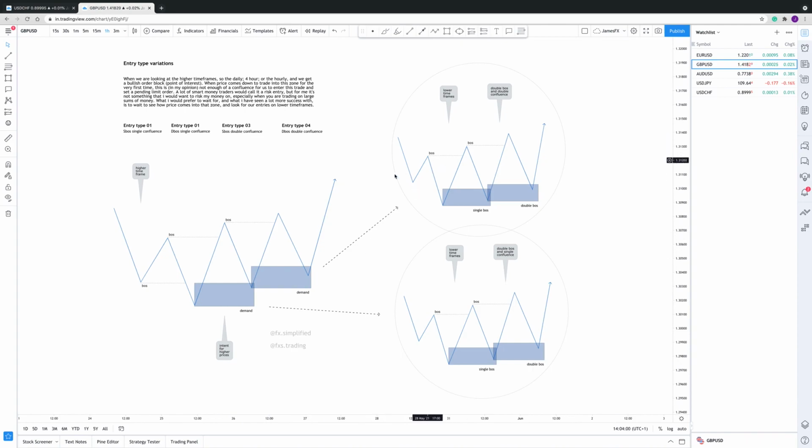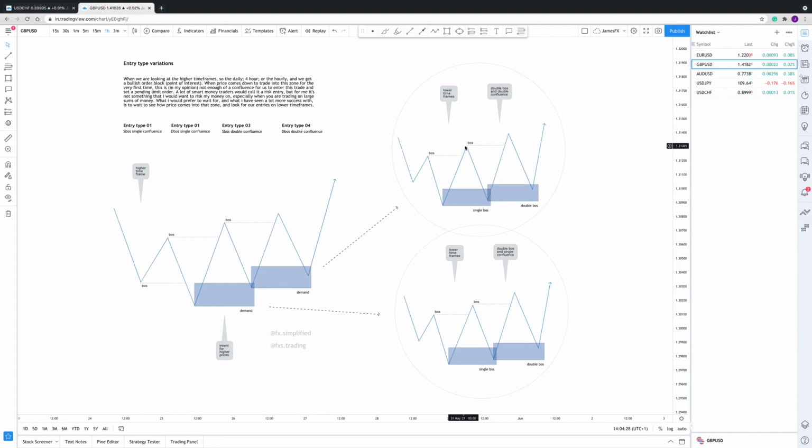So now that we're trading inside this second demand level and the second break of structure, price again trading back down into it, we will see lower lows and lower highs. We want to wait for a nice break in structure, as you can see, and this would be our single BOS, but with double confluence as we trade in the second demand, okay? Now entry type 4 is, I'm sure you get it by now, but we want to wait for a double break in structure.